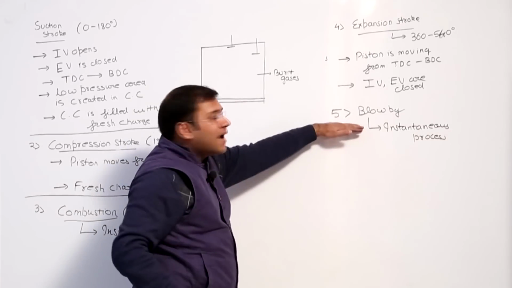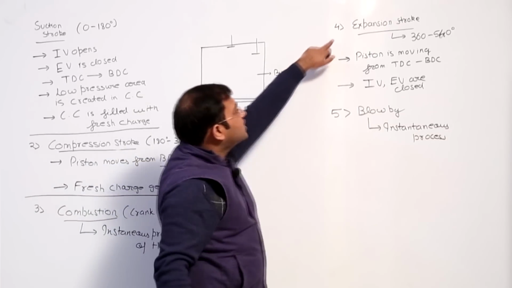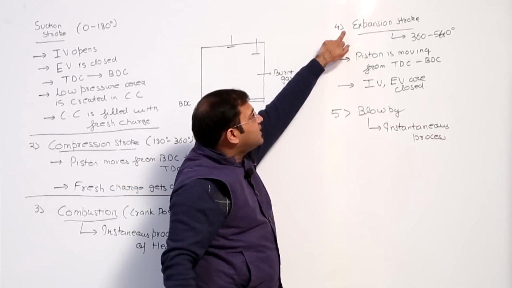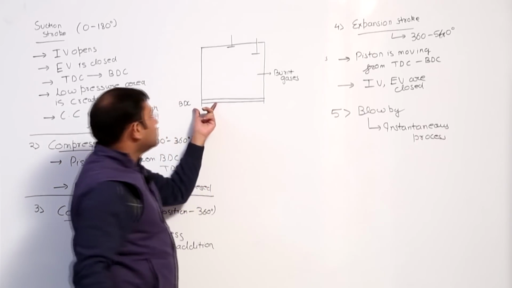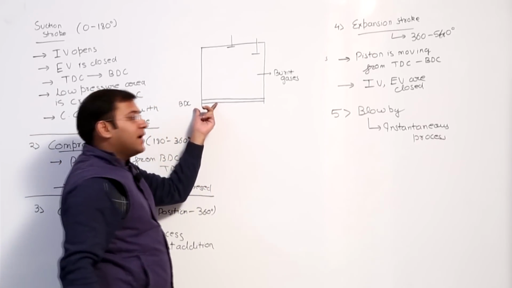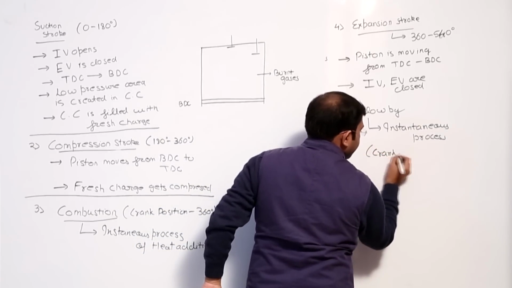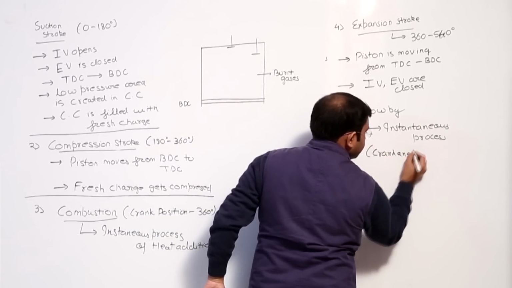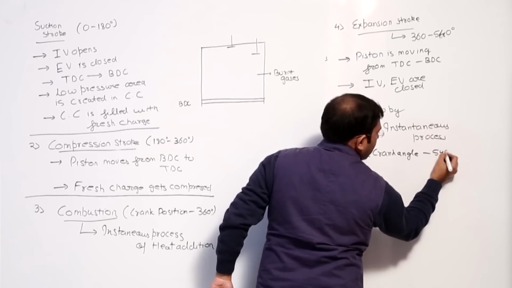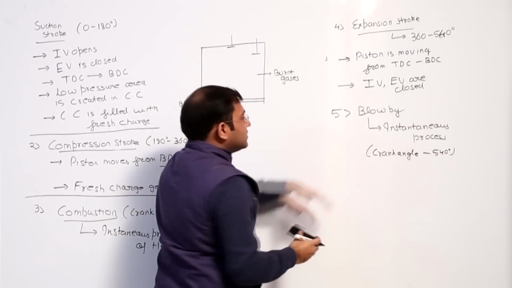And blowby occurs after completion of the expansion stroke. That means when the position of the piston is at bottom dead center or the crank angle is at 540 degrees.